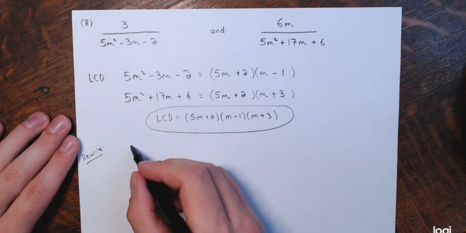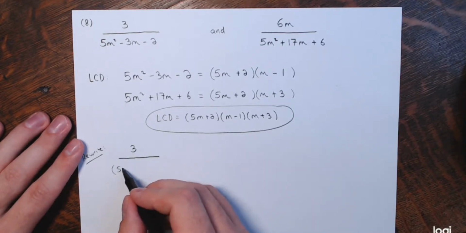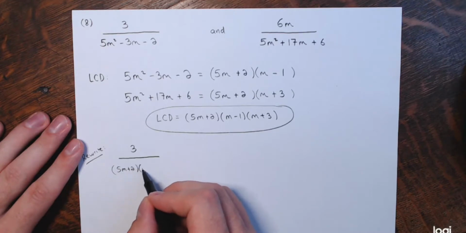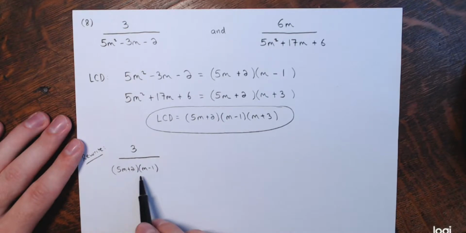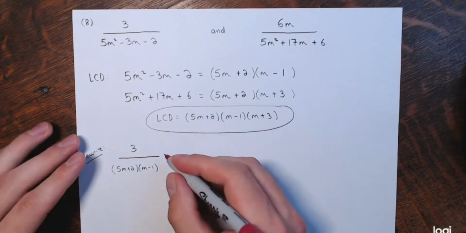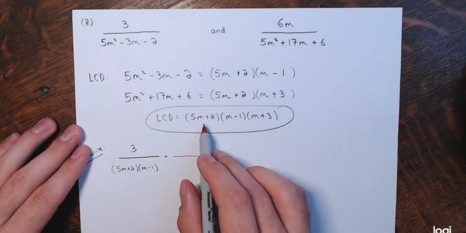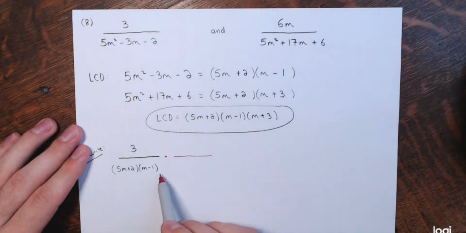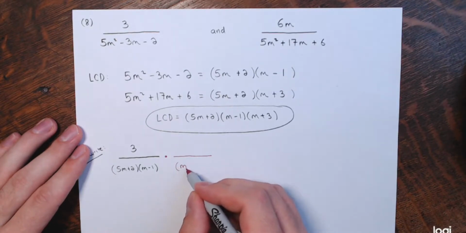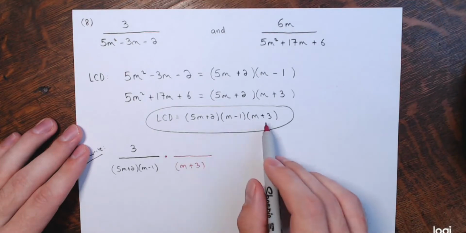The first fraction, I have 3 over 5m plus 2 times m minus 1. This is 5m squared minus 3m minus 2. I want to write an equivalent fraction with the denominator changed to the LCD. So I need to multiply the denominator by m plus 3, the quantity m plus 3. That'll give me all the same factors as the LCD.